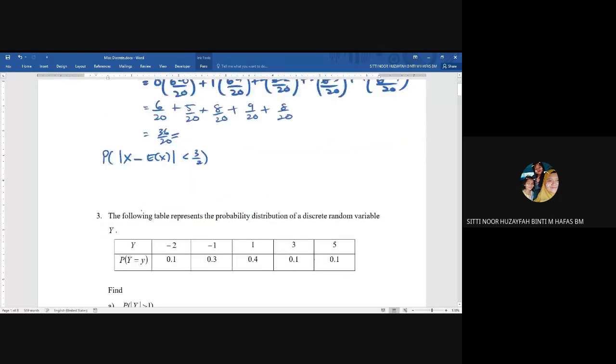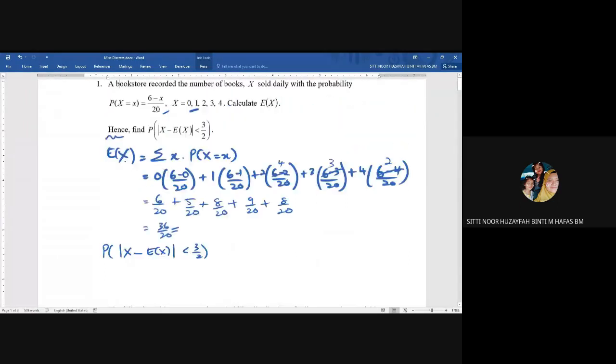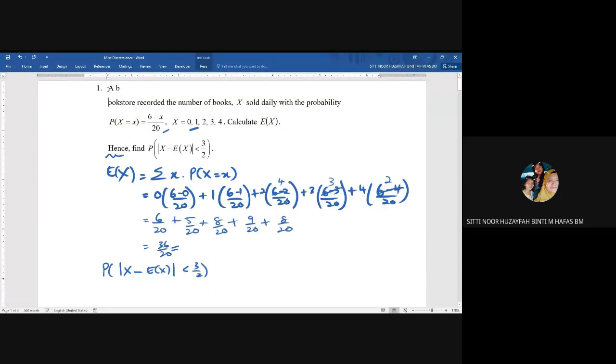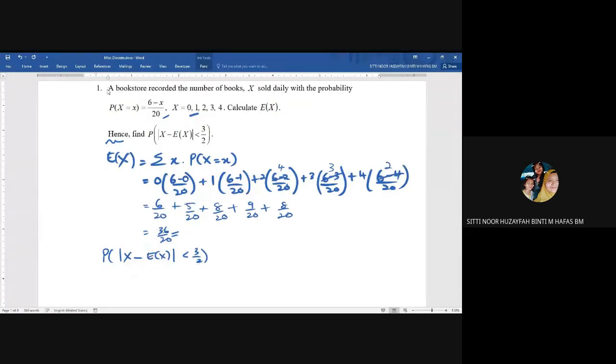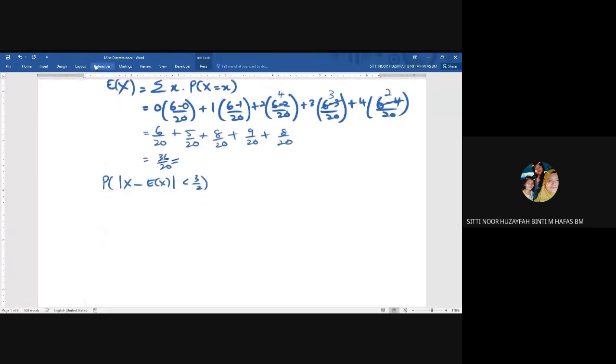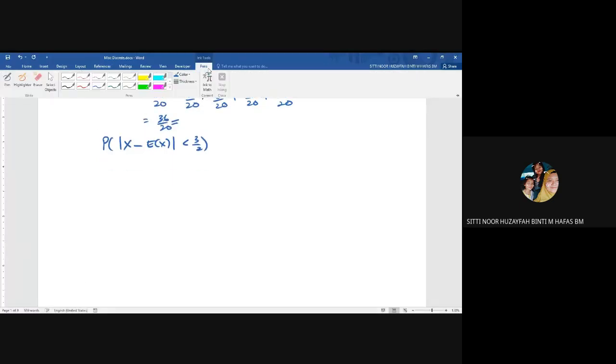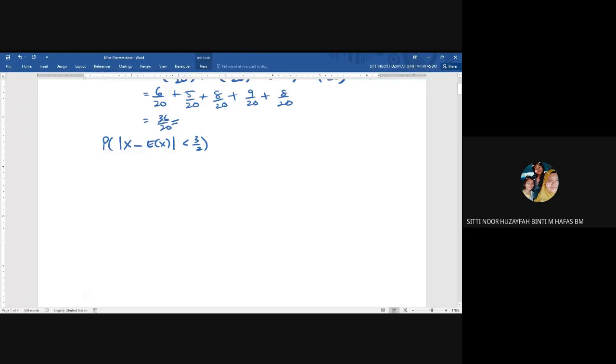First of all, what you need to do is to define the absolute inequality. So how to define the absolute inequality? Remember your chapter 2 in Sem 1.